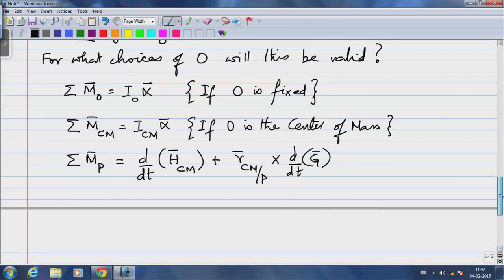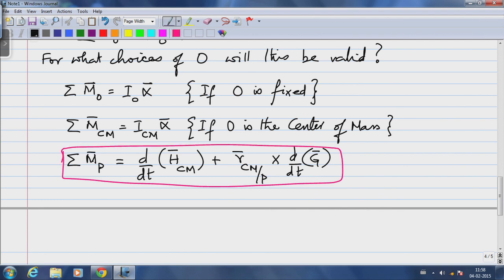So, as far as possible we will avoid this possibility. So, this is the form for any P inside or outside the body.